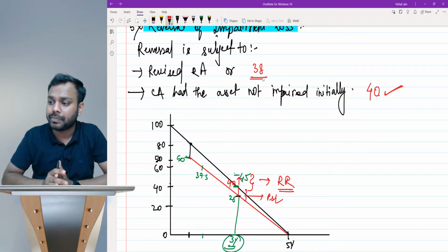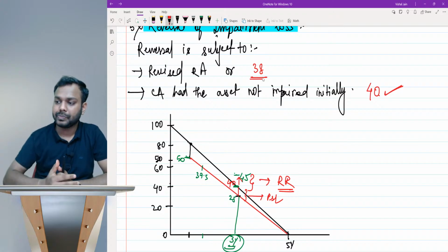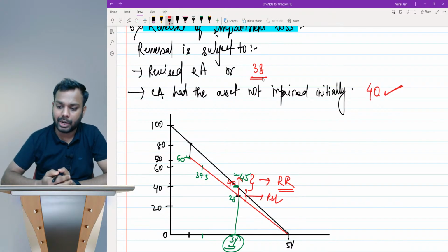Is that clear to all? Tell me, guys, is reversal of impairment loss clear to all?